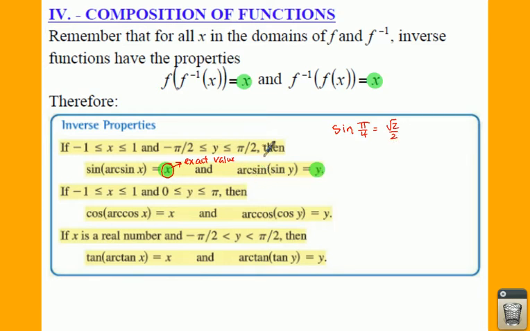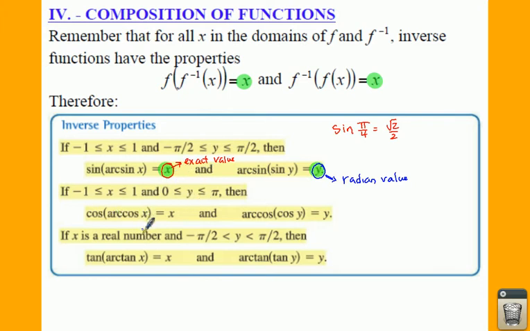Anytime you have an arc sine, or sine to the -1, of sine of y, this y answer is a radian value. So do not get those mixed up. If your arc sine is out front, you get a radian value. If your sine is out front, you get an exact value.